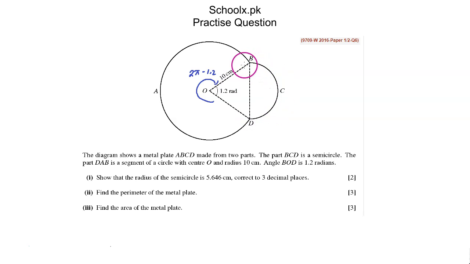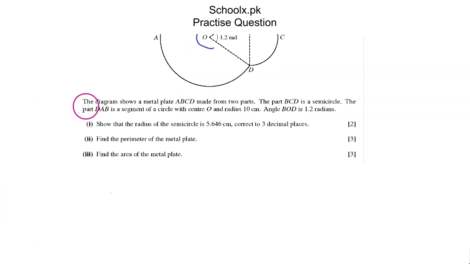Now we can see that this is the triangle BOD and this is in fact an isosceles triangle. For example, this is 10 centimeter. This OD will also be 10 centimeter because OD and OB are the radius of this part of a circle, which is DAB.